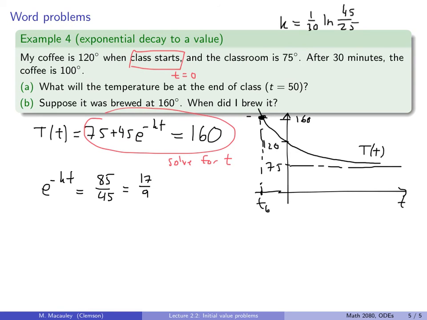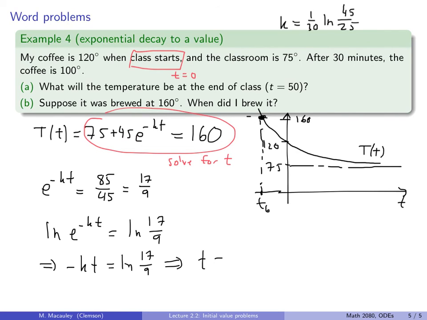So let's take the natural log of both sides. Natural log of 17 over 9. So we get that negative kt equals natural log of 17 over 9, and we get that t equals negative 1 over k times natural log of 17 over 9.